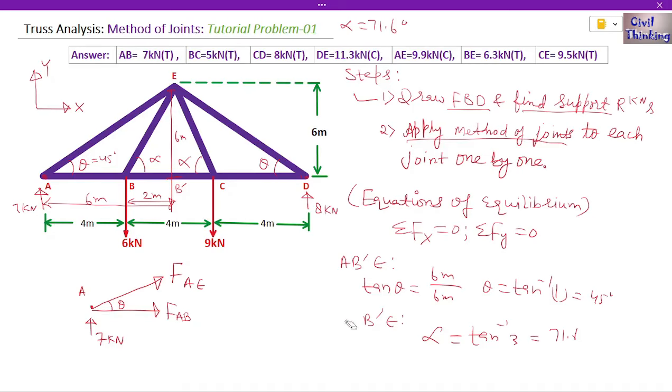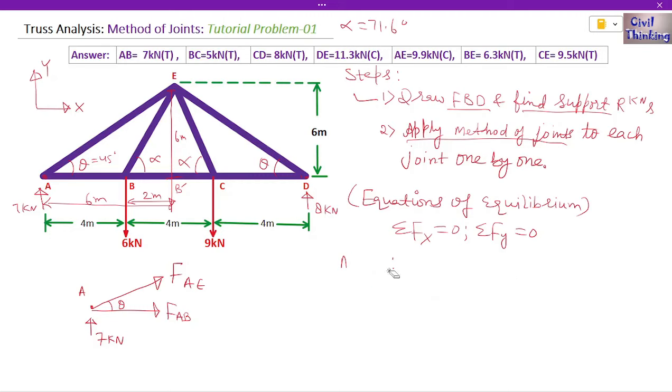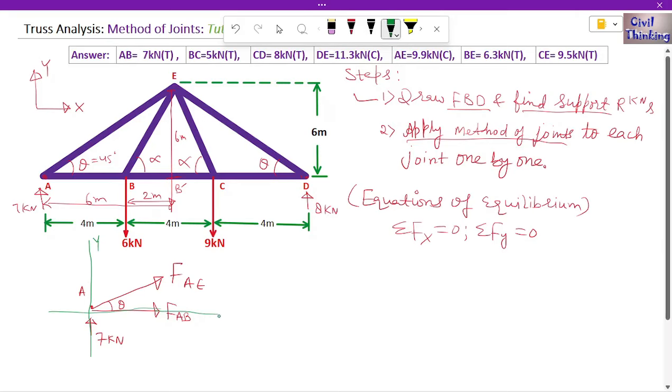Before that let me erase all of this. Now this is the x-axis and we have this y-axis. Now FAE is an inclined force. When we apply summation of force in the x direction, we add up all the forces in the x direction.